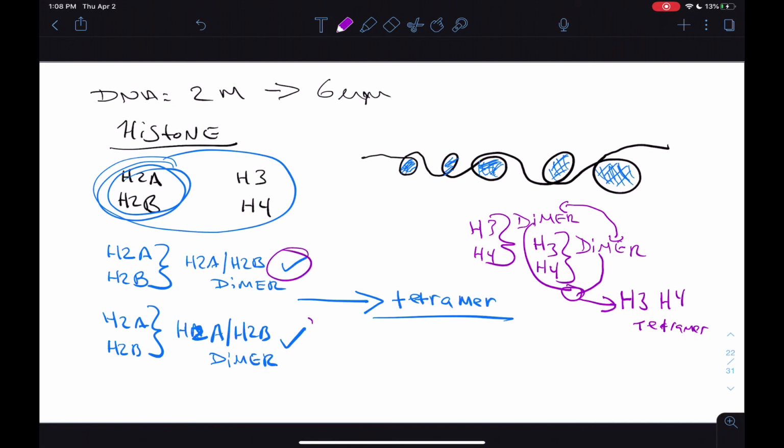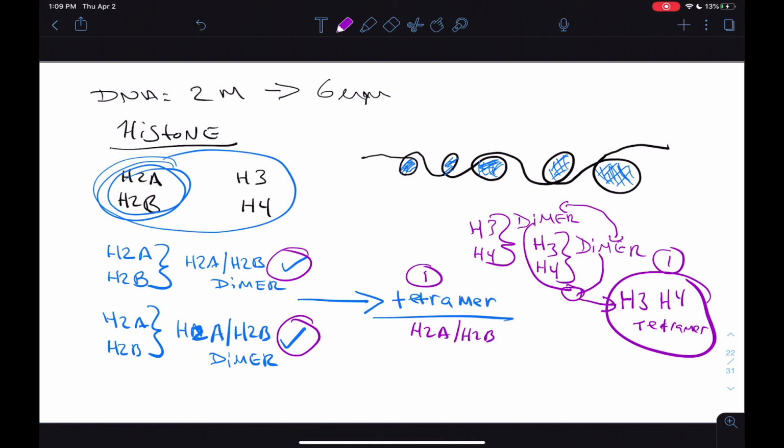These 2 H2A, H2B dimers linked up to form a tetramer, and we have another one going on over here with H3 and H4 this time. So now we have one H3, H4 tetramer, and we have one H2A, H2B tetramer.